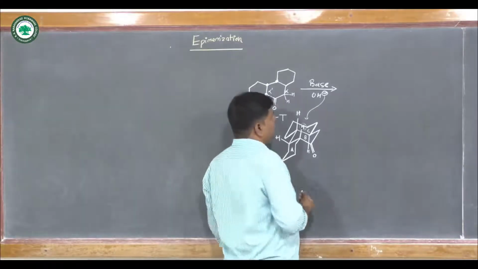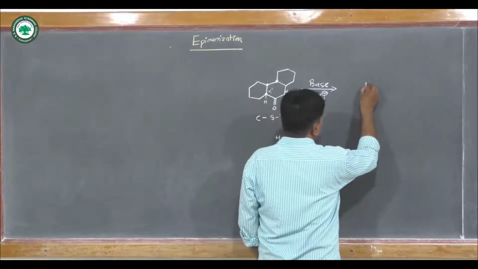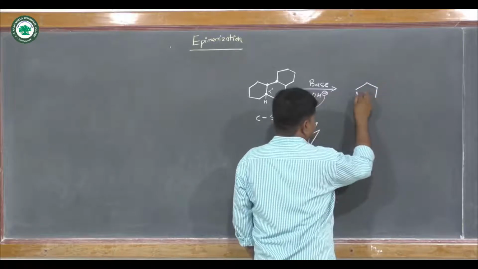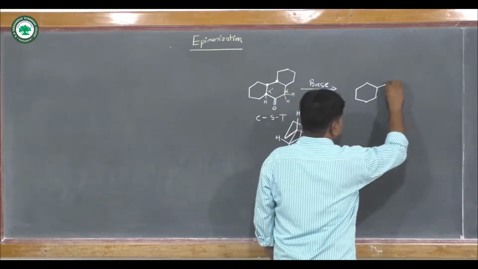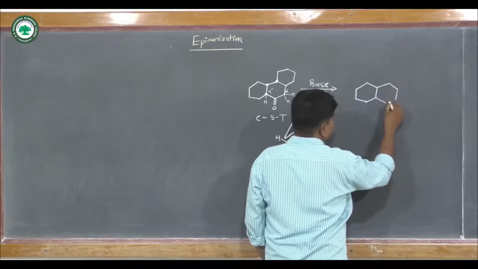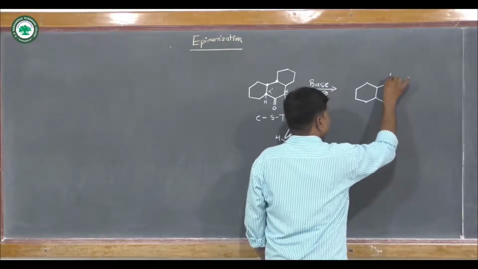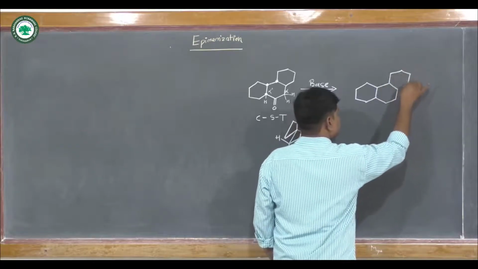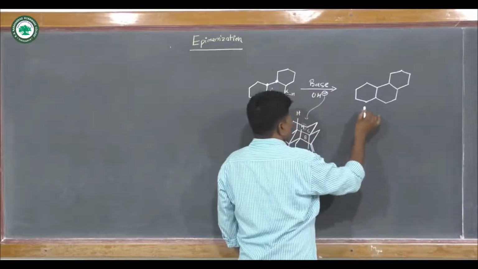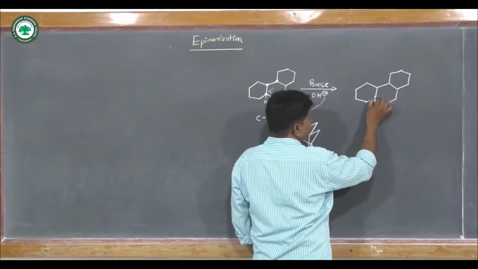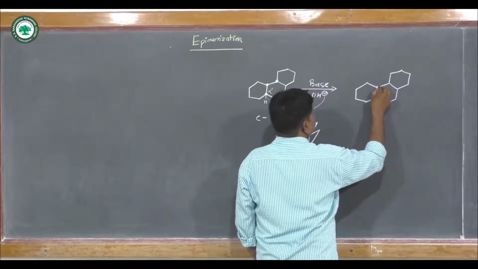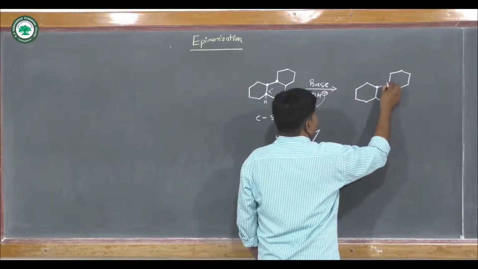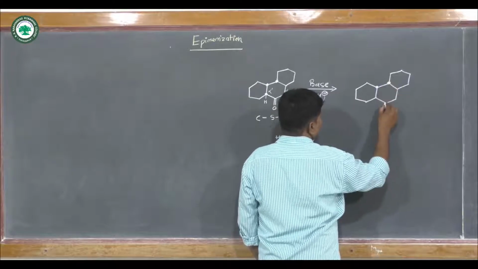So we get here another structure, and the next structure is somewhat like this, okay. The stereochemistry will change at only one carbon center here, and here there is no change at any center, okay.